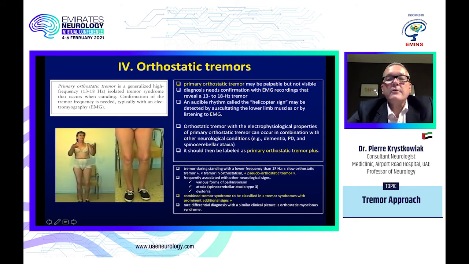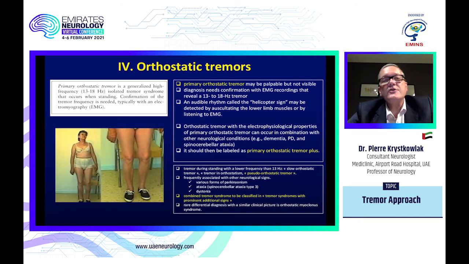It's called slow orthostatic tremor, or tremor in autostatism, or pseudo orthostatic tremor. It is associated with other neurological signs, like various forms of parkinsonism or dystonia. And this is a combined tremor syndrome that is classified in tremor syndromes with prominent additional signs, which is the fifth category of tremor syndrome.